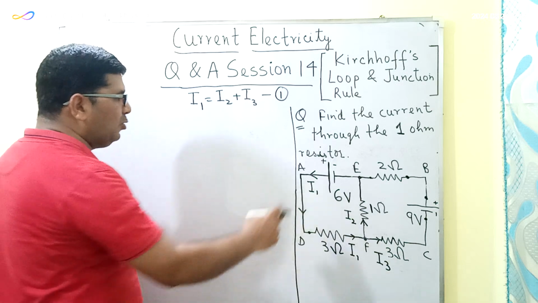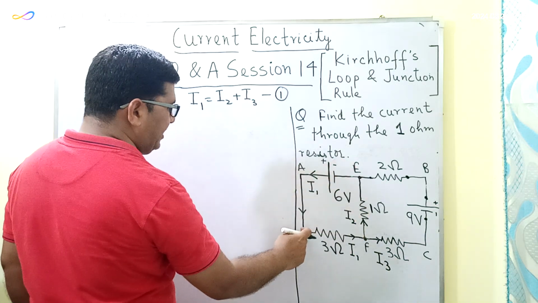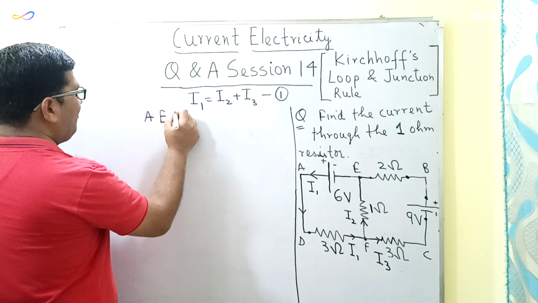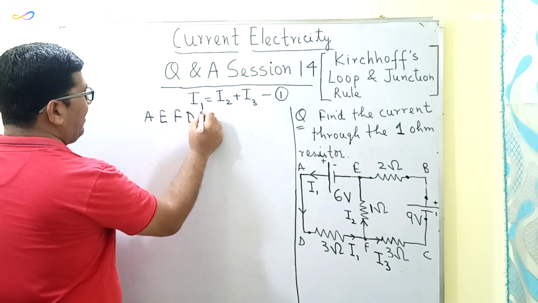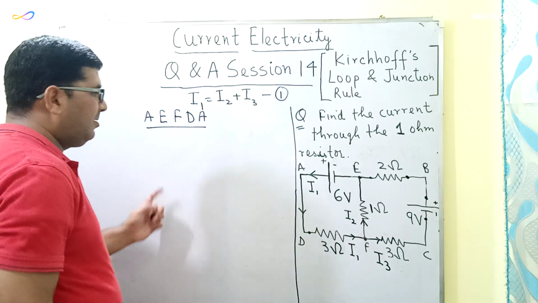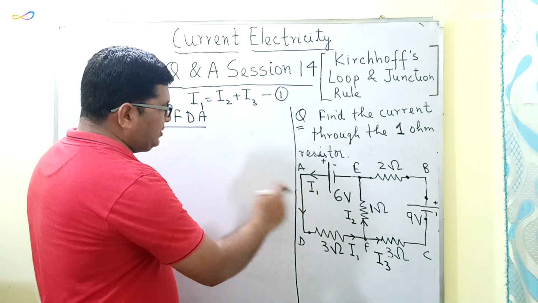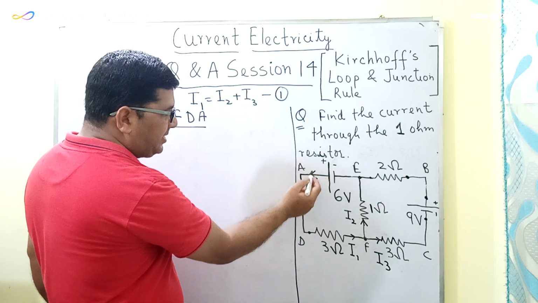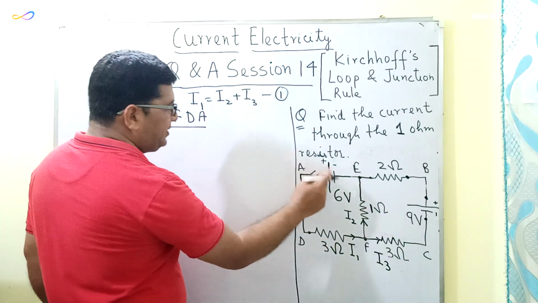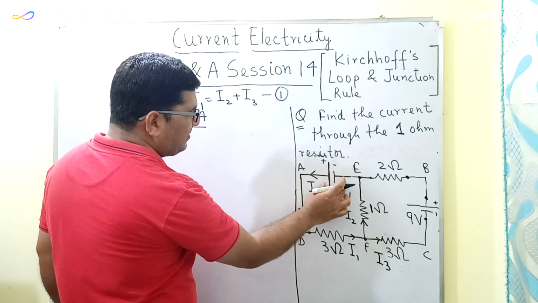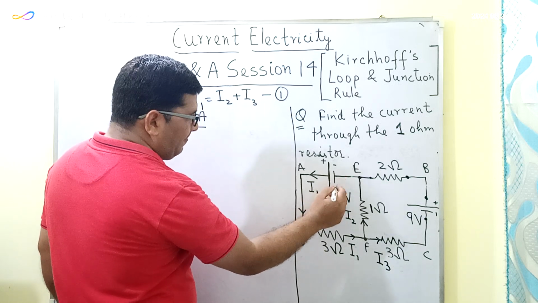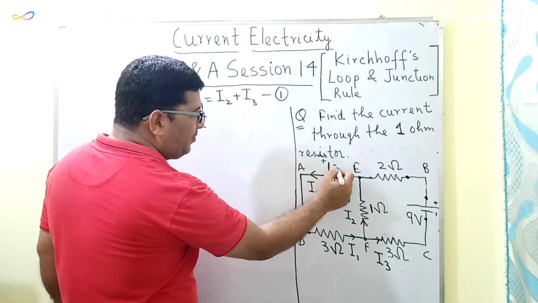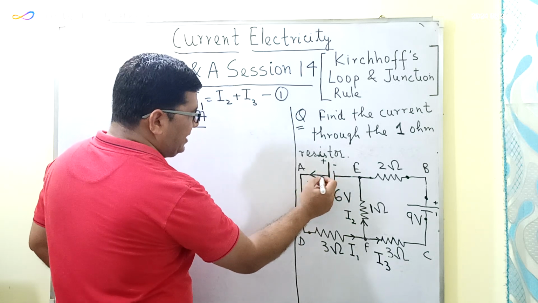Now let us consider the loop AEFDA. In this loop, this current I1 is flowing in this direction as shown by this arrow. Now the potential difference across this EMF source will be taken as negative, because the current is flowing from a lower potential to a higher potential.